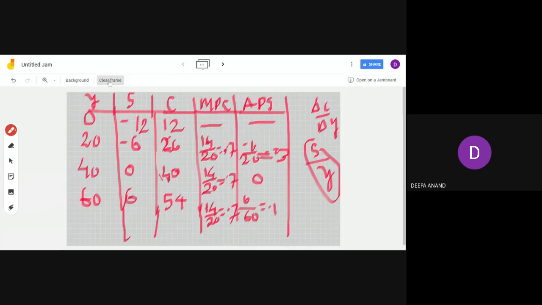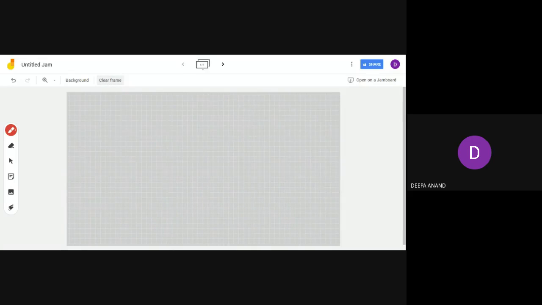Okay, then write the next question. National income is rupees 80 crores.